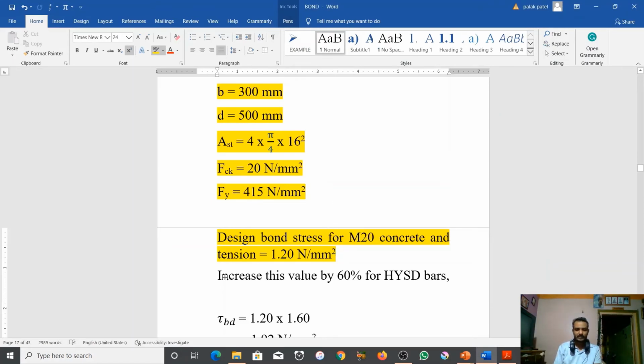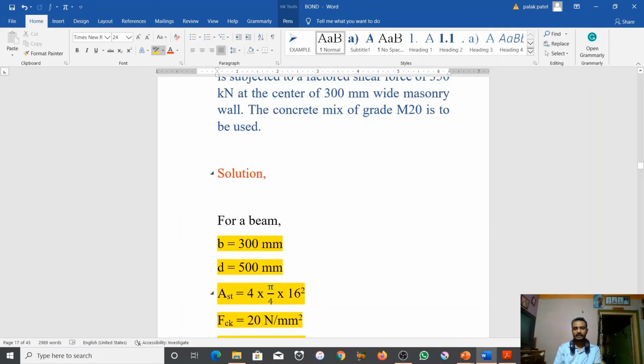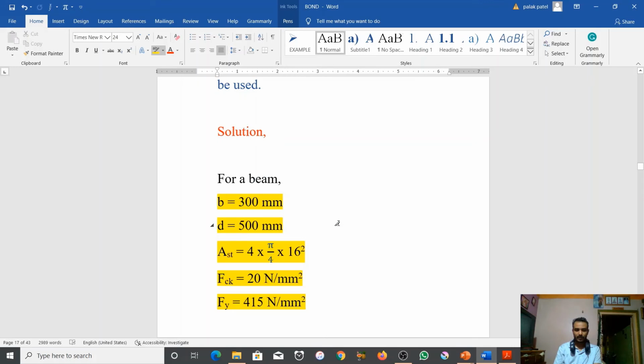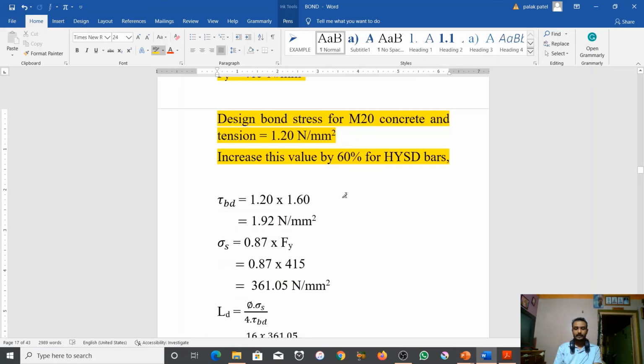Increase the value by 60% because it is an HYSD bar of 415 grade steel. Your bar is in a tension zone, so the 25% increase is not included here.